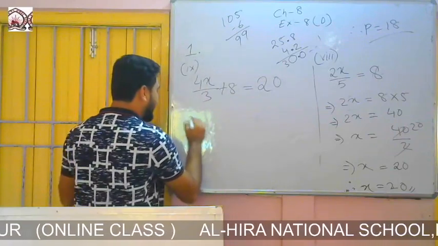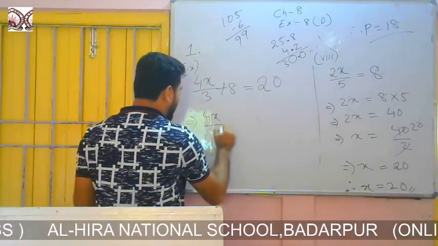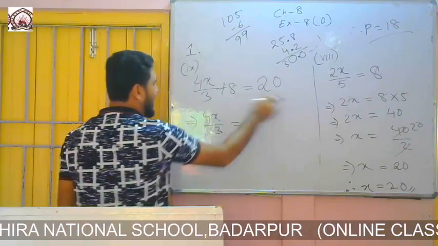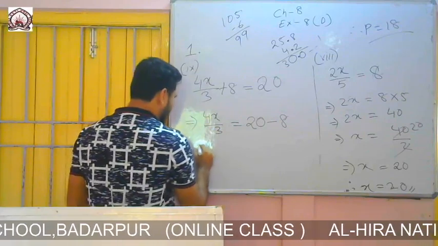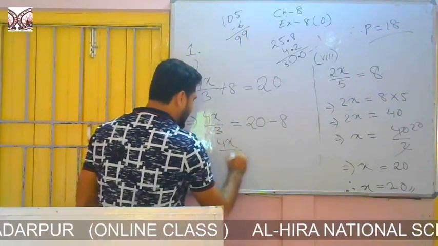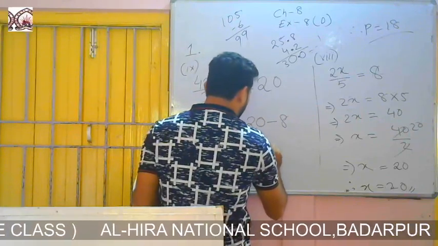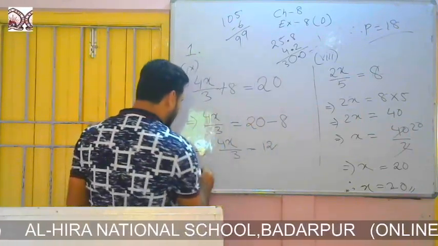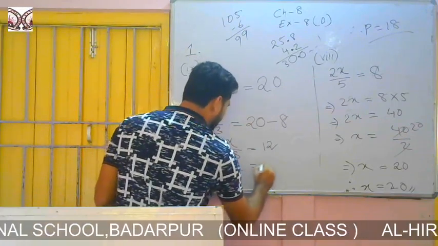Now we have to find x. So see 4x by 3, if I take it to the right side, then 20 minus 8. And 4x by 3 equals 20 minus 8, that means 12.